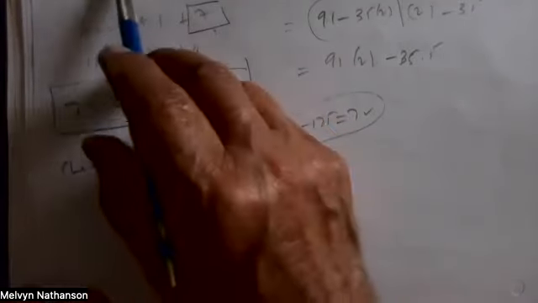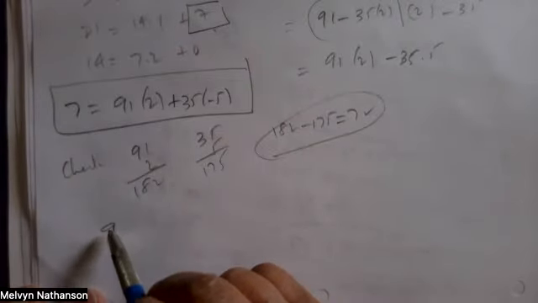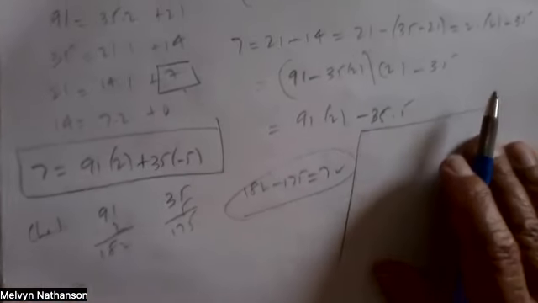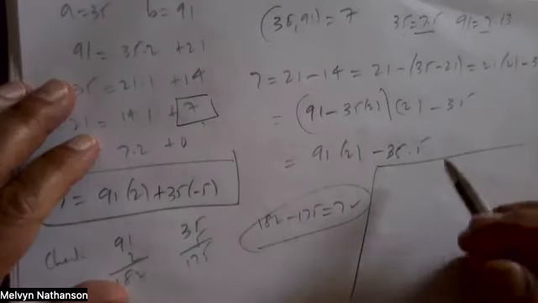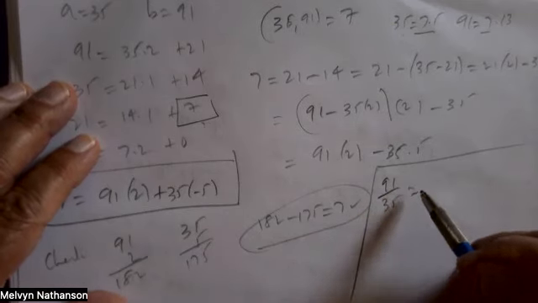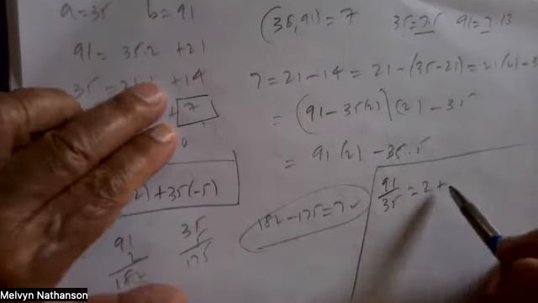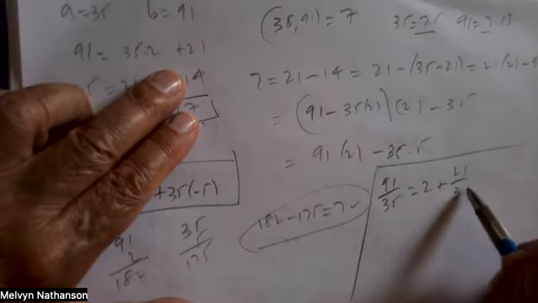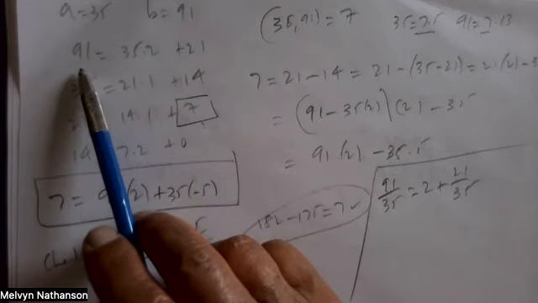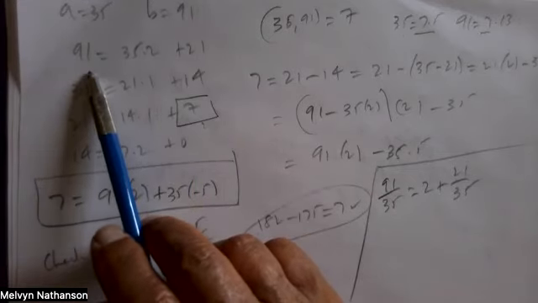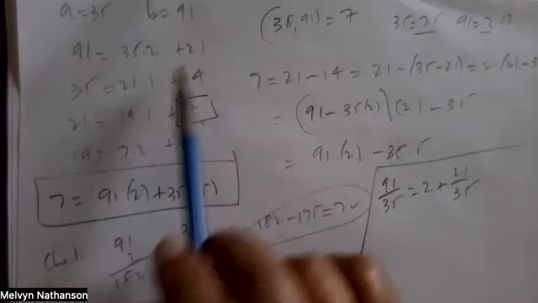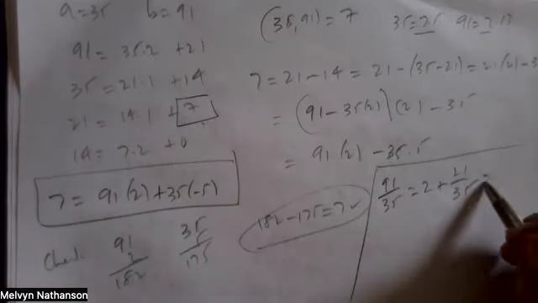So according to this, let me do it over here. 91 over 35 is 2 plus 21 over 35. That is, I'm taking this first equation, divide it by 35. I get 91 over 35 is 2 plus 21 over 35.